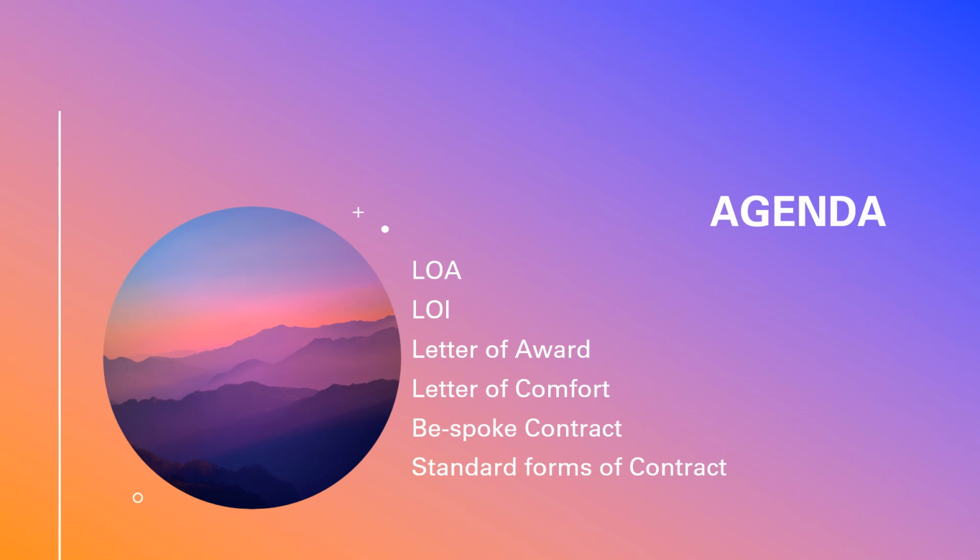Even if you change a single clause in the general conditions of any standard form of contract, it's called a bespoke contract. What usually the employer will do is, whichever clause is against him, he will change, and whichever clause is against the contractor, he will make it stronger.